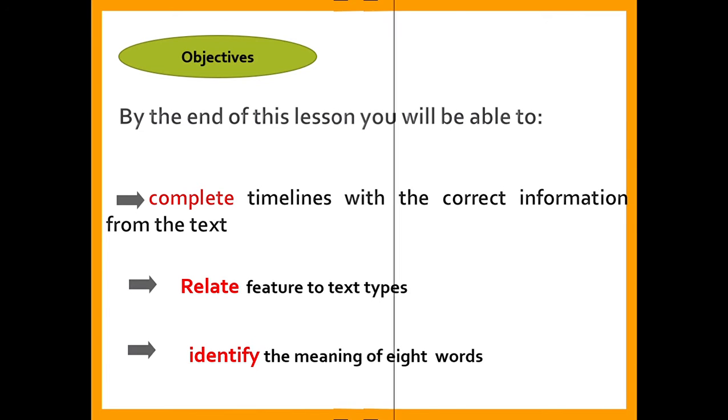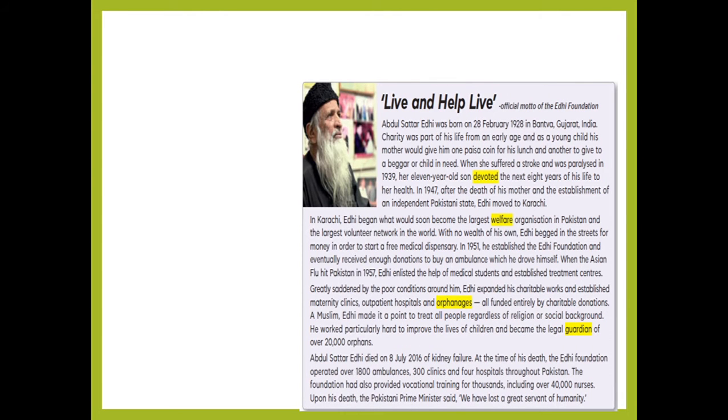Now, before we start with the first objective, I will remind you with the text on page 38. This is the first text that we read yesterday. What type of text is this and why?